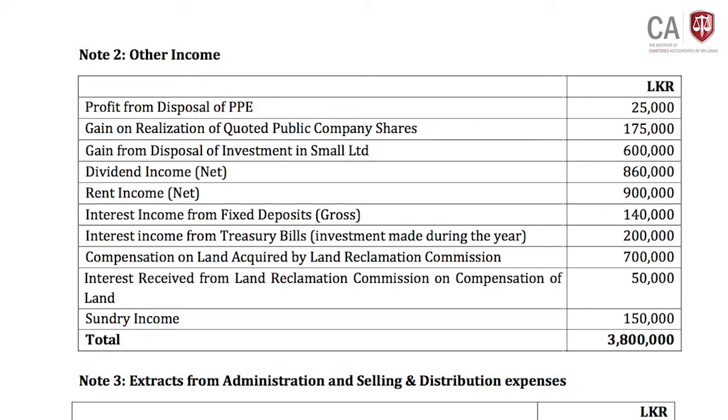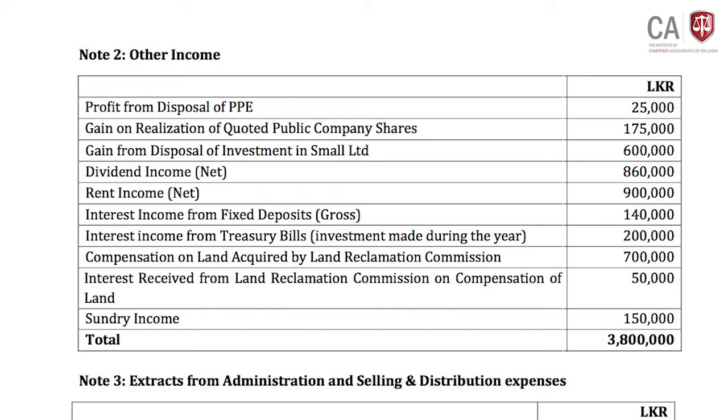Then other income. Other income: profit from disposal, gain from realization of quoted public company shares, gain from realization of investment in small limited, dividend net, rent net, interest income from fixed deposit, interest income from T-bills, compensation on land acquired by the land reclamation commission, interest received from the land reclamation commission, and compensation of land, then sundry income.